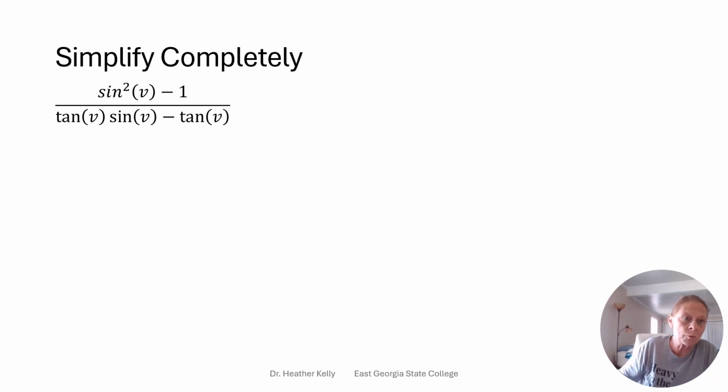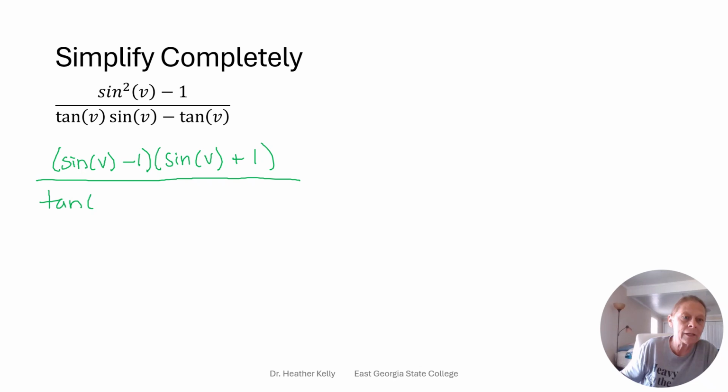So the numerator is sine v minus 1 times sine v plus 1, over, and then what can we factor out of the denominator? We can factor a tan v out of the denominator, and that leaves us with a sine v minus 1.